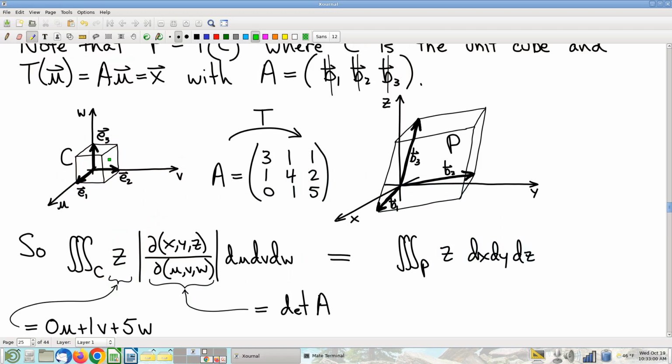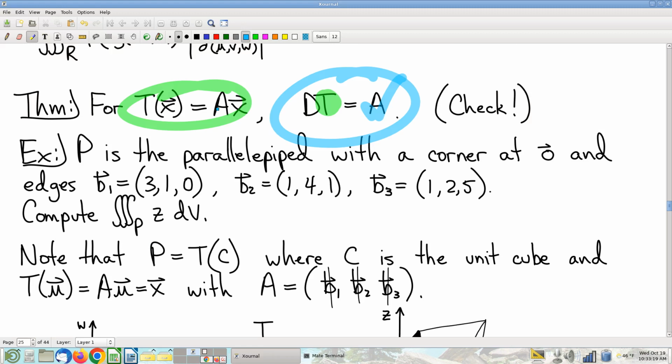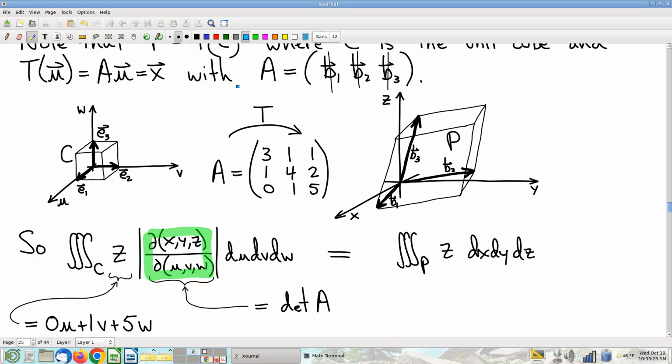So in particular, what is this matrix? The matrix that we get, the partials of x, y, and z with respect to u, v, and w, that's the derivative matrix of our linear transformation, and the derivative matrix is that same matrix, right? So this derivative matrix is a freebie.